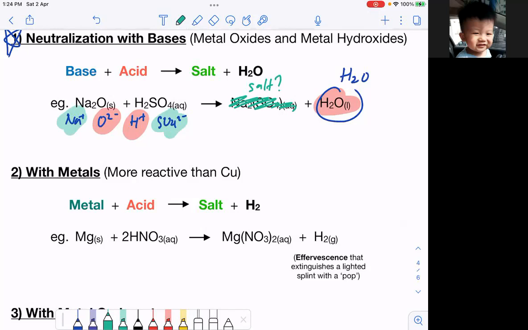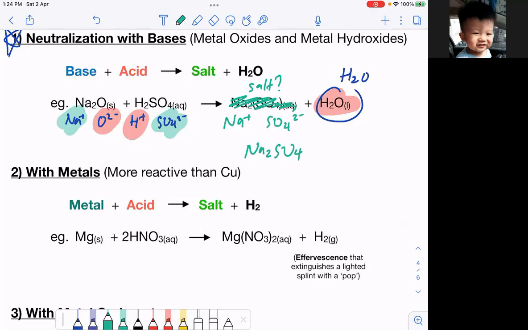So that already helps us with the rule. All ionic compounds are named starting with the cation. So if you are a beginner, you can do it slowly. Write the cation, then the anion: Na plus, then SO4 2 minus. You cannot write SO4 2 minus Na plus, that's wrong. Then you crisscross this. The final answer is the salt is Na2SO4. So it's all about crisscross.